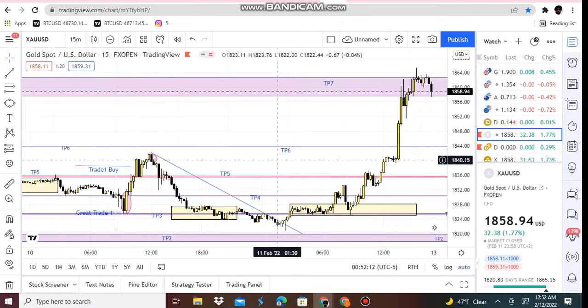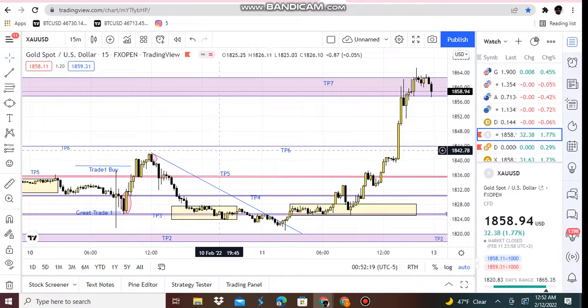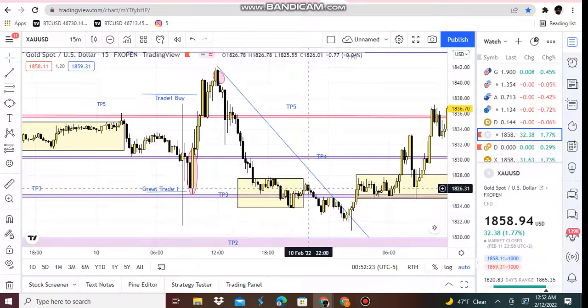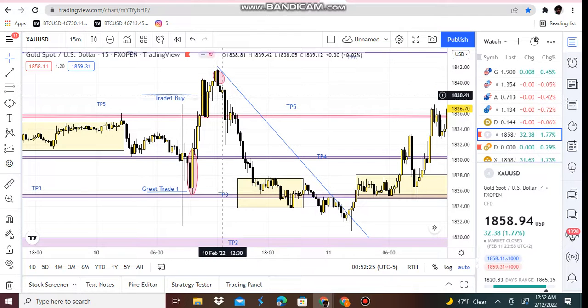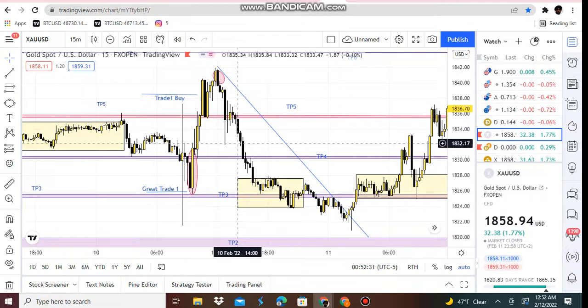It takes a whole hour for a candlestick to form on a 1 hour time frame, compared to 15-minute candlesticks. 4 hour candlesticks take 4 hours to form, as opposed to the 15 and 5-minute time frames. So you have to consider what time frame you're looking for entries on.